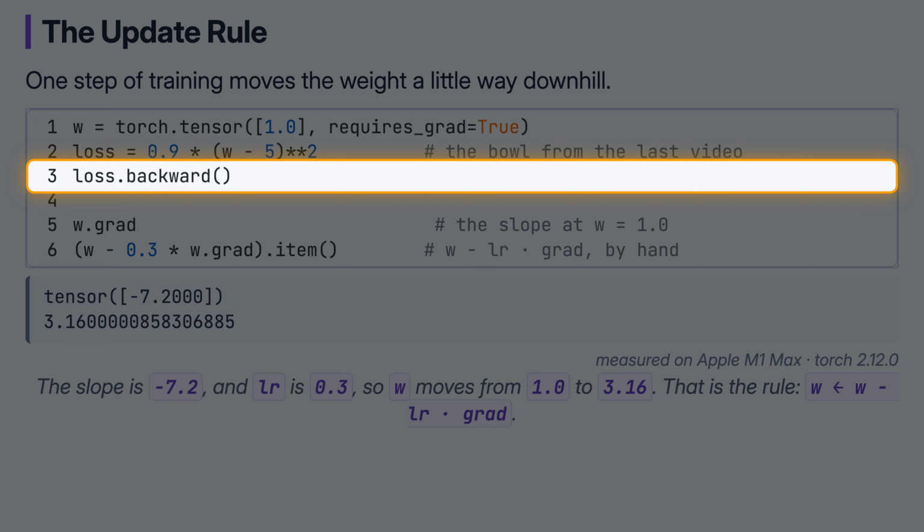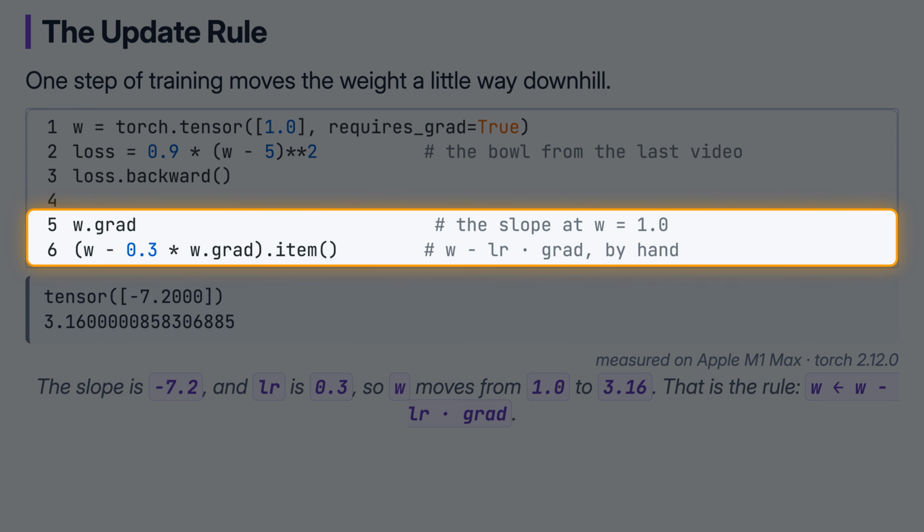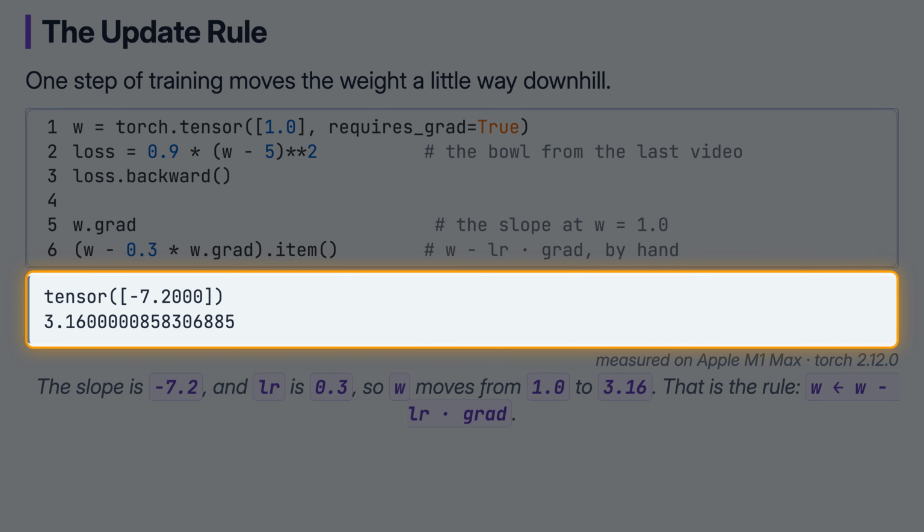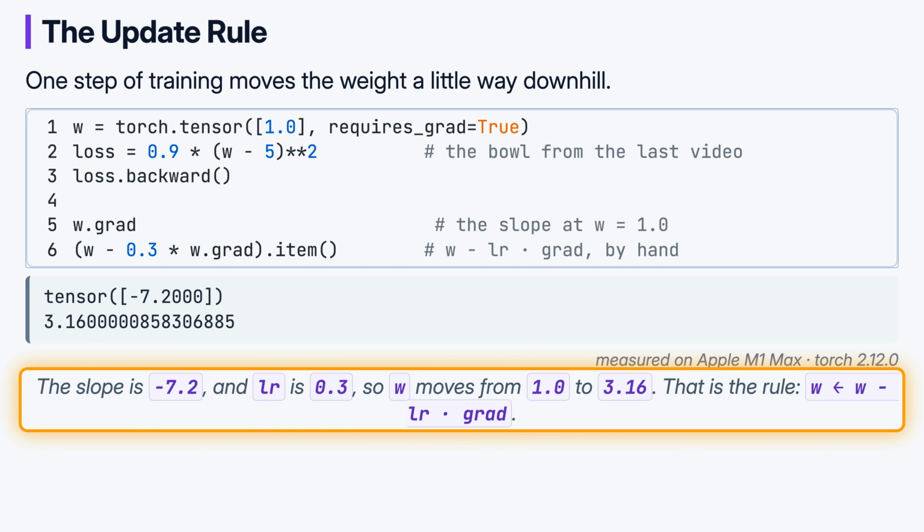Backward fills in the slope at this W. Then we read the slope and take the step by hand, W minus 0.3 times the slope. The slope is minus 7.2, and the learning rate is 0.3. So W moves from 1.0 to 3.16. That's the whole rule. W becomes W minus the learning rate times the gradient.